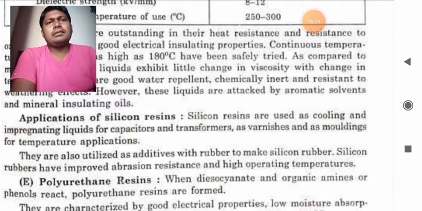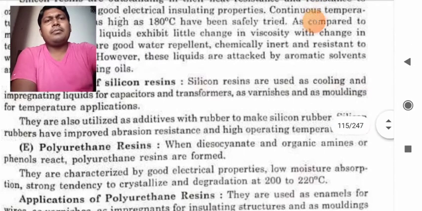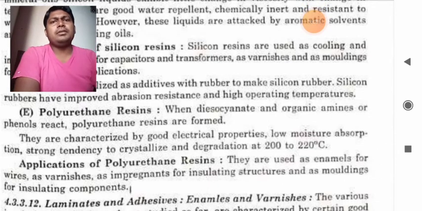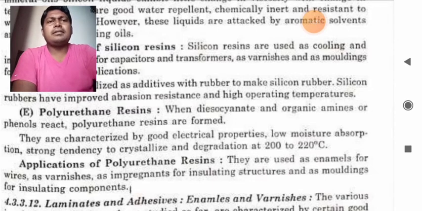Polyurethane resins. Now, when diisocyanate and organic amines or phenols react, polyurethane resins are formed. They are characterized by good electrical properties, low temperature, low moisture absorption, strong tendency to crystallize, and degradation at 200 degree to 220 degree centigrade.